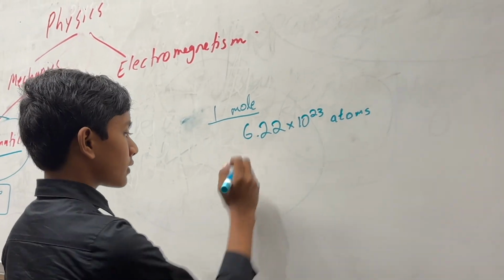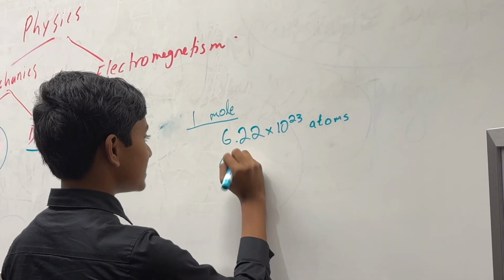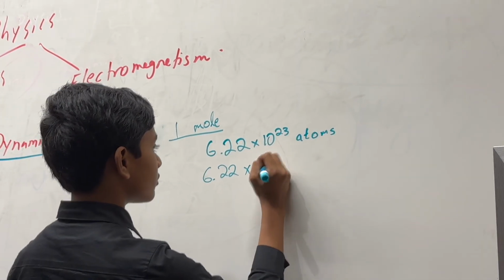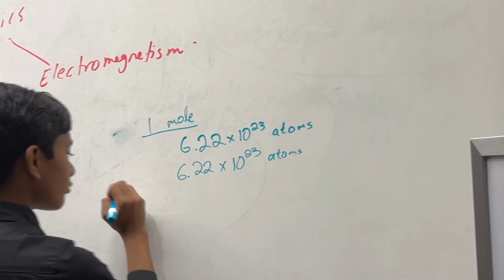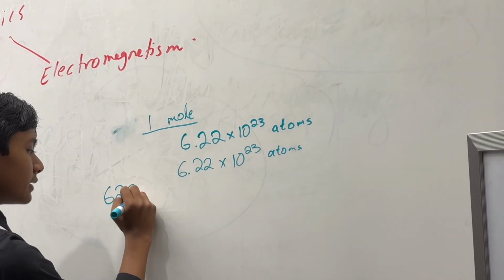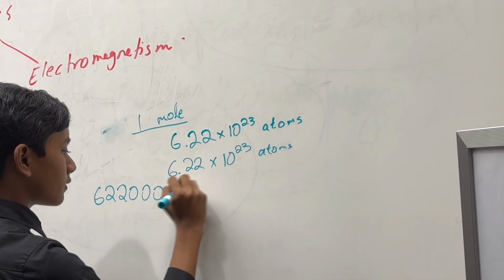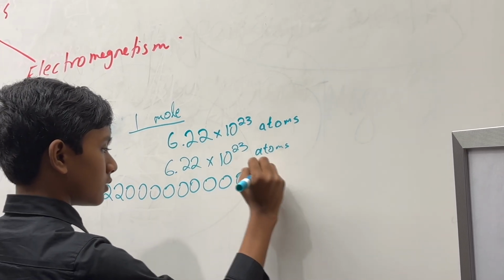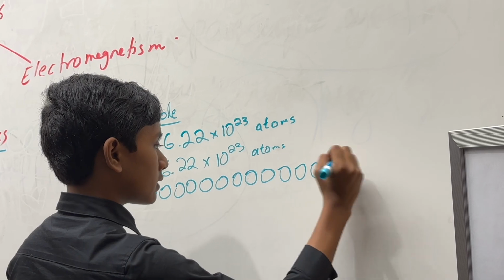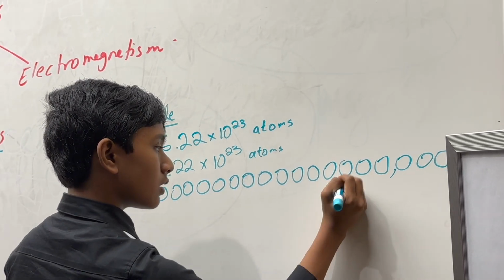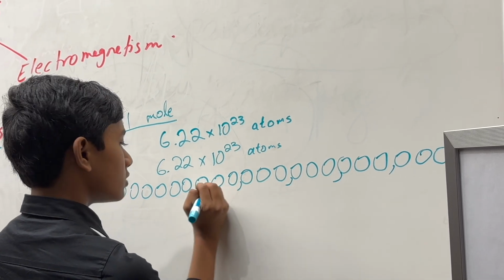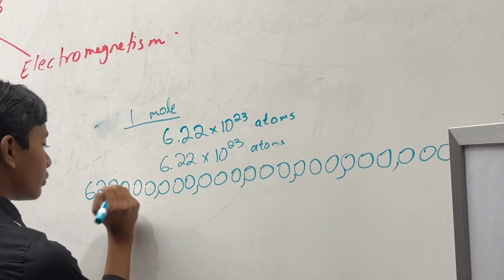So for example, 1 mole of carbon is 6.22 times 10 to the 23 atoms. And this may not seem like much, but written out fully, it would look like this. So yeah, Avogadro's number is pretty big.